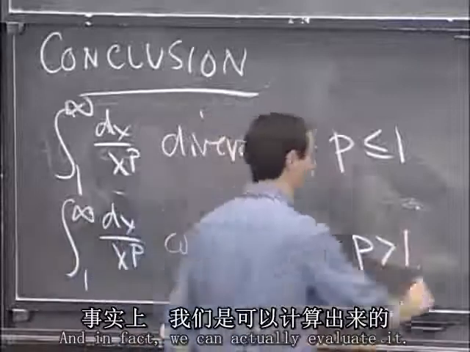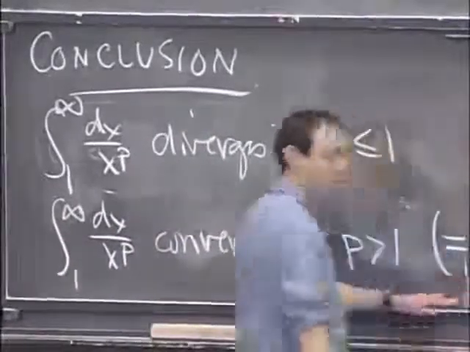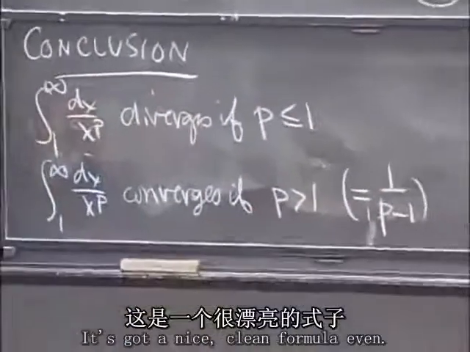And in fact, we can actually evaluate it. It's equal to 1 over p minus 1. It's got a nice, clean formula, even.